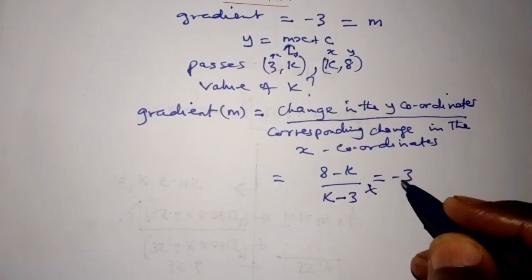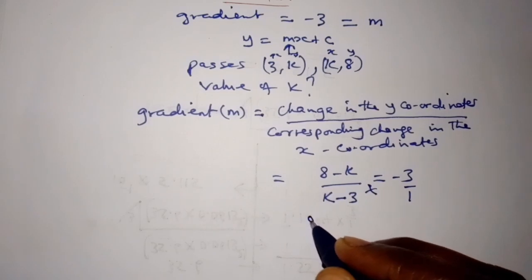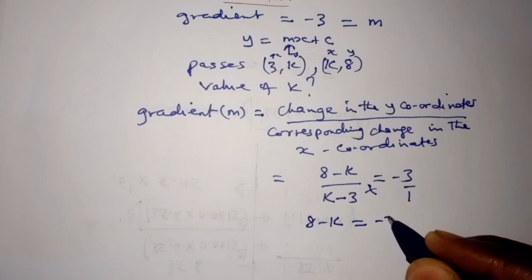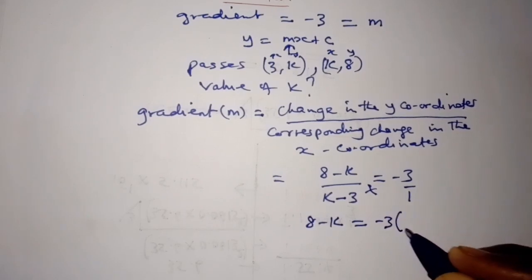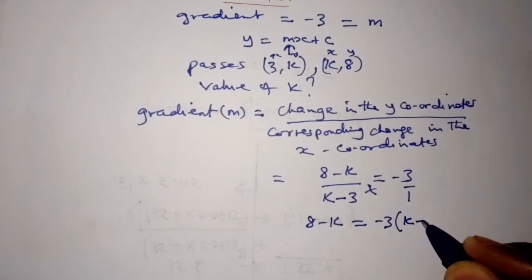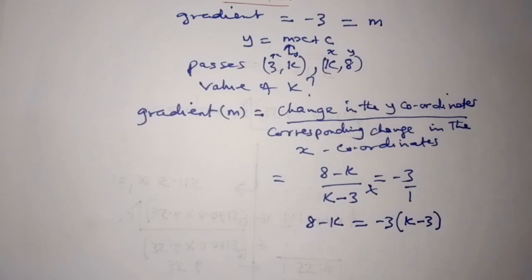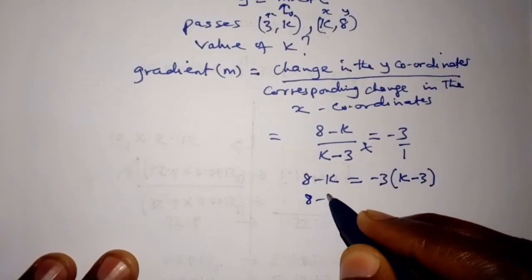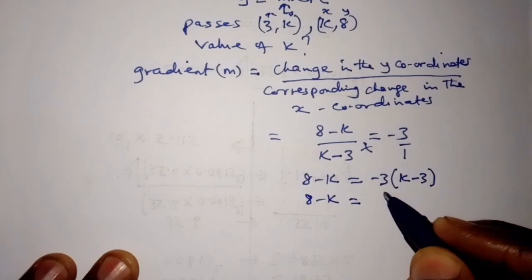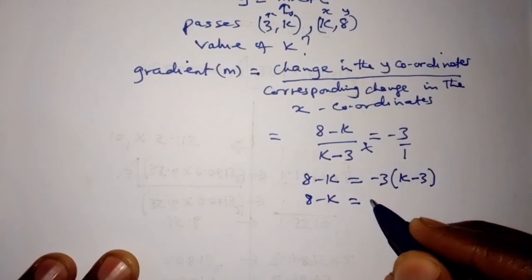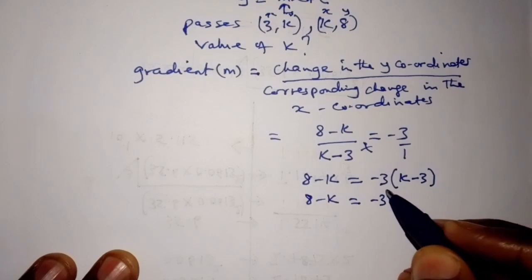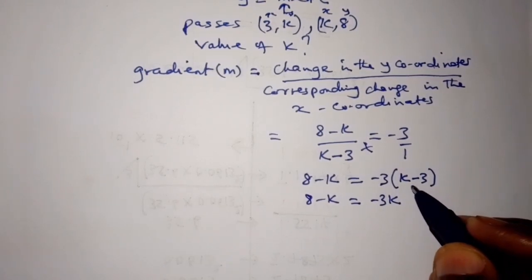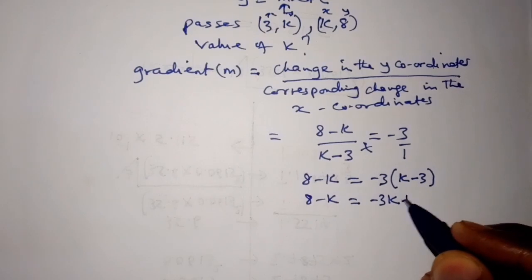So 8 minus k is equal to negative 3 times k minus 3. 8 minus k is equal to negative 3k, and negative 3 times negative 3 is positive 9.